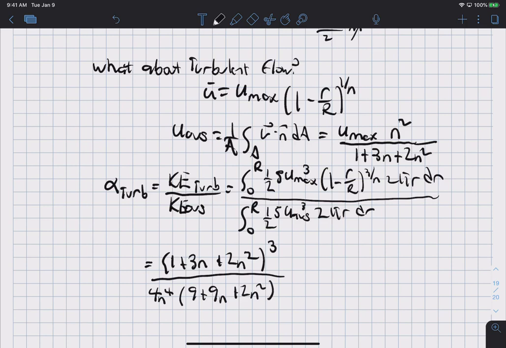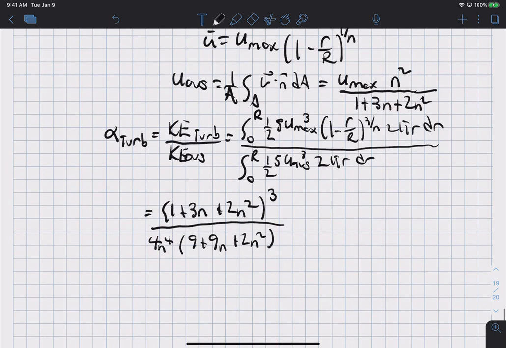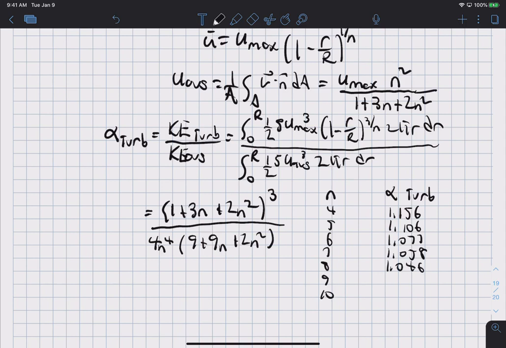Okay, and so we can make a little table here for n equals 4, 5, 6, 7, 8, 9, 10, and alpha turb. This is the correction factor. If n is 4, it's 1.156. If 5, it's 1.106. For 6, it's 1.077. For 7, it's 1.058. For 8, it's 1.046. For 9, it's 1.037.